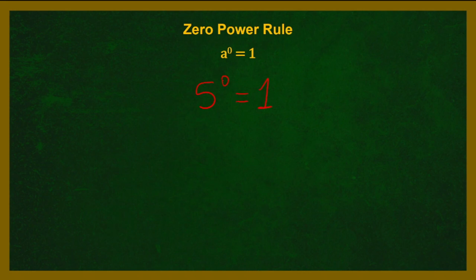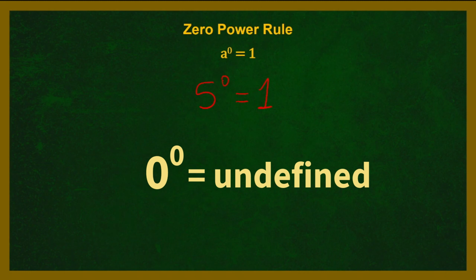This rule is a fundamental property of exponents and helps to simplify expressions involving zero exponents. Now, it's important to note that this rule applies only when the base is non-zero. Raising 0 to the power of 0 is considered undefined.